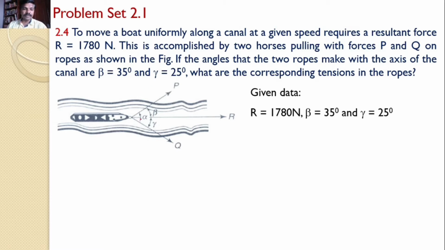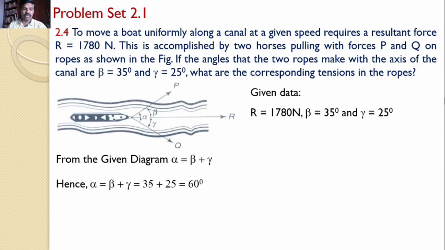From this diagram, we can clearly observe that the angle between the forces P and Q is alpha, and that alpha is equal to beta plus gamma. So I can calculate that alpha is equal to 35 plus 25, which is equal to 60 degrees.